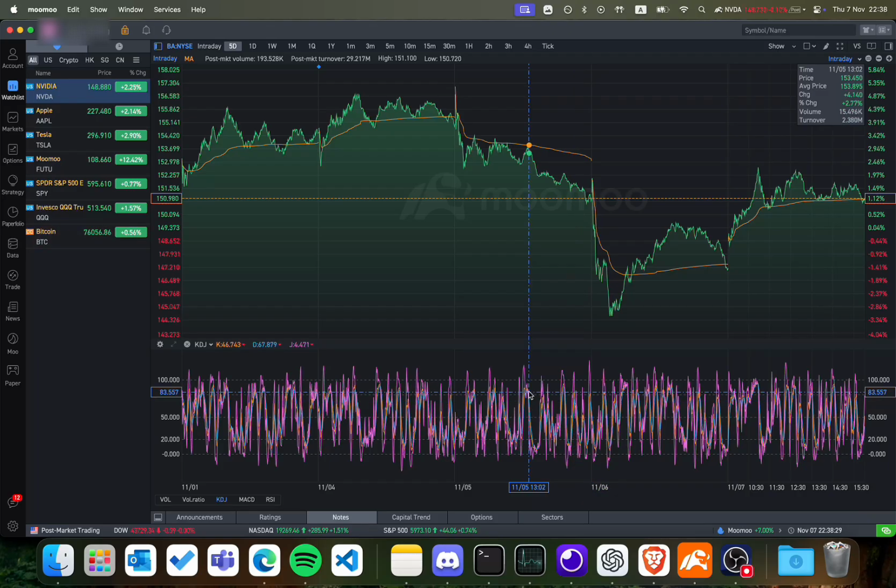K goes down quicker than D, and J is more sensitive, because J is a velocity. K and D are still relative stock prices. J is going really quick.